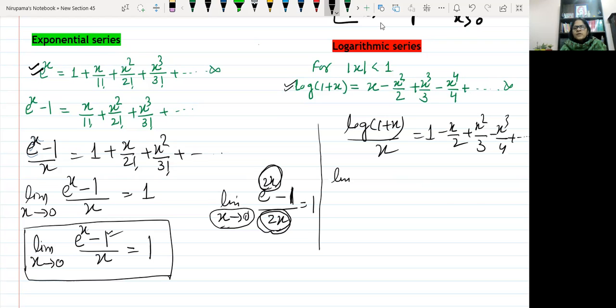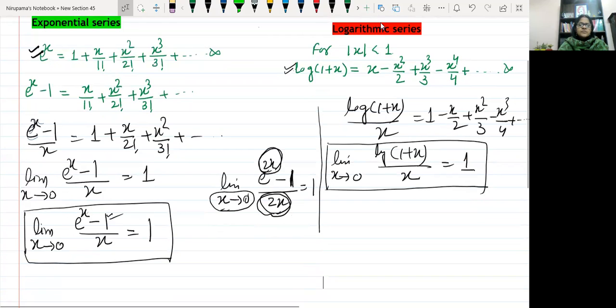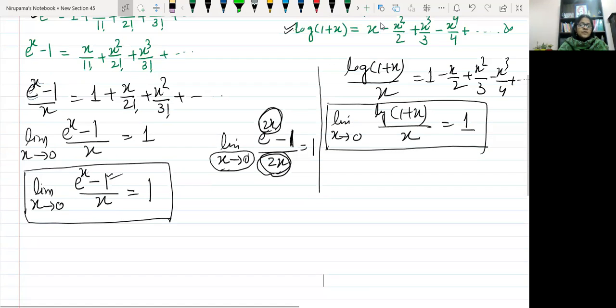So the limit as x approaches 0 of log(1 + x)/x equals the limit of the right hand side, that is equal to 1. So this is another standard formula for limits we are getting. So here also log(1 + x)/x. Observe the format clearly.